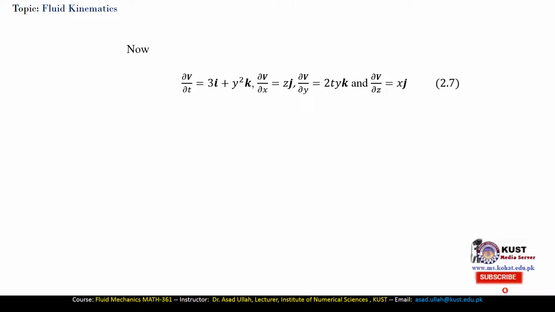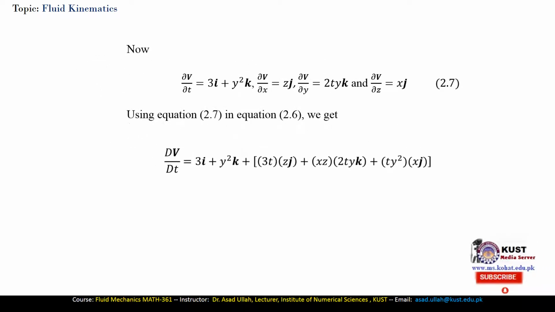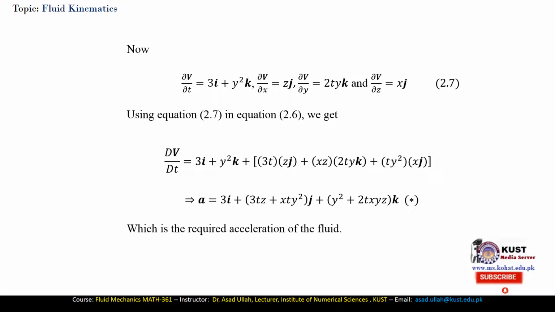Now calculating partial v over partial t, partial v over partial x, partial v over partial y and partial v over partial z as given in equation 2.7. Now using equation 2.7 in equation 2.6, we get the result in the form of equation star. This equation star denotes the total acceleration of the fluid particle.